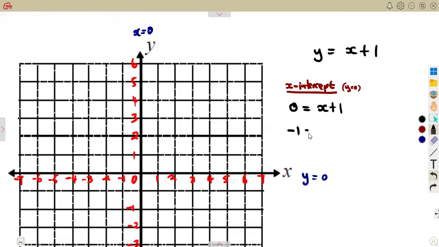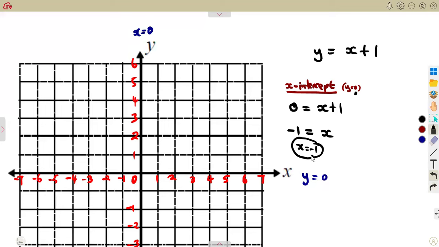So minus 1 is equal to x. It was 0 minus 1, which is minus 1. So meaning to say our x is at minus 1, where y is equal to 0.